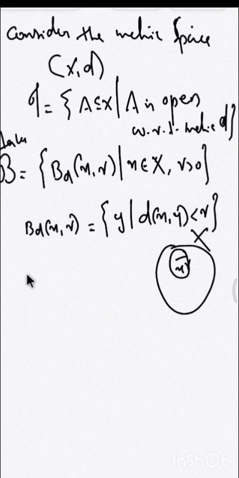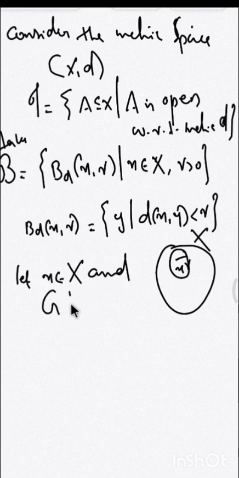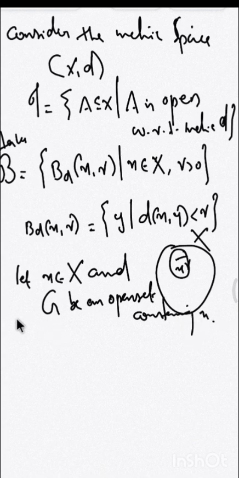For that, we need to verify the characterization. Let small x be an element in capital X and G be an open set containing small x. In between them we need a base element.